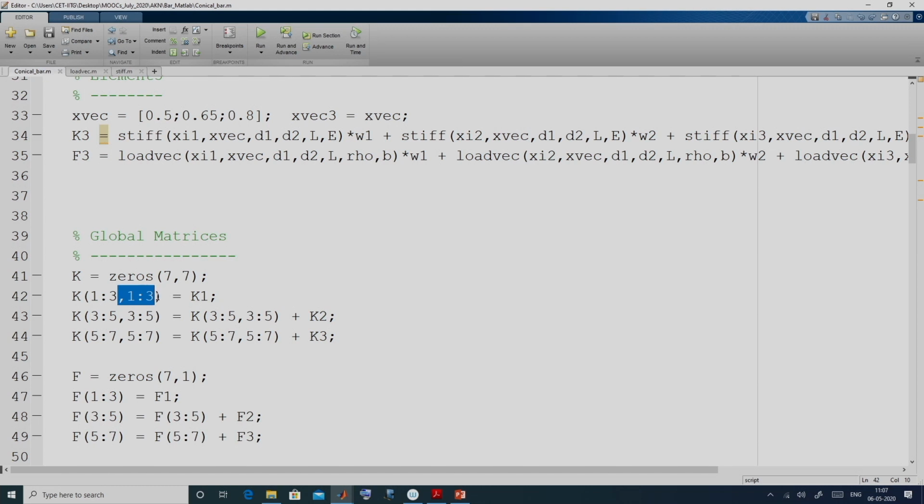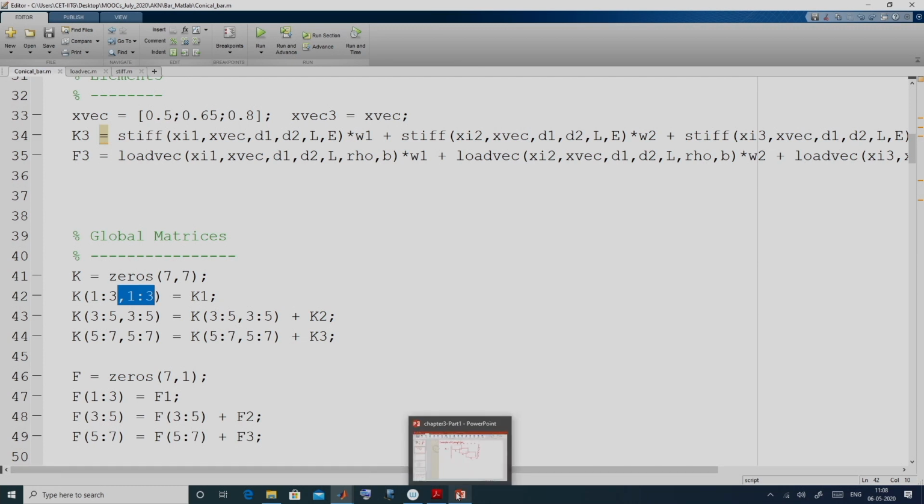Then 3 to 5, that is the global position of K2, 3 to 5, 3 to 5. Now, here we are adding to the existing element because we have already entered K1. So, K is not 0 now.